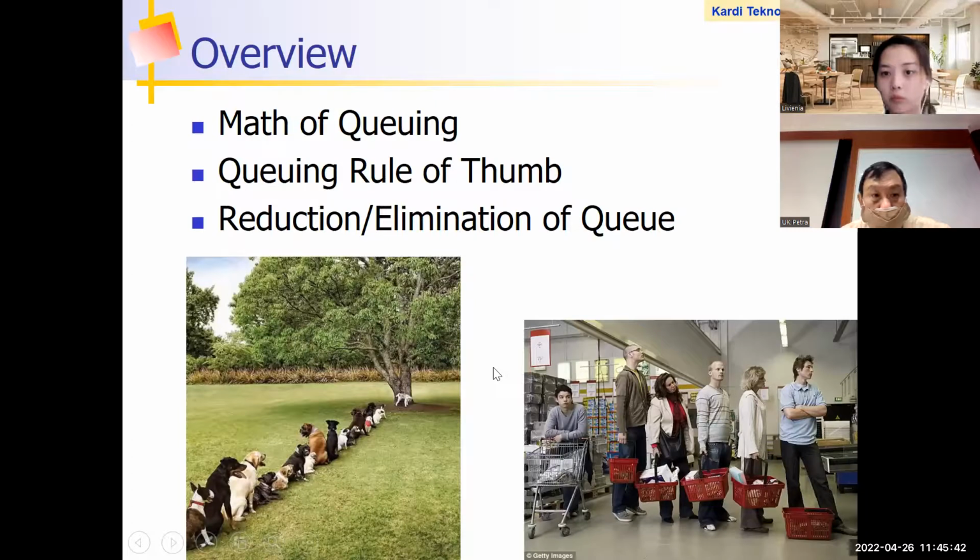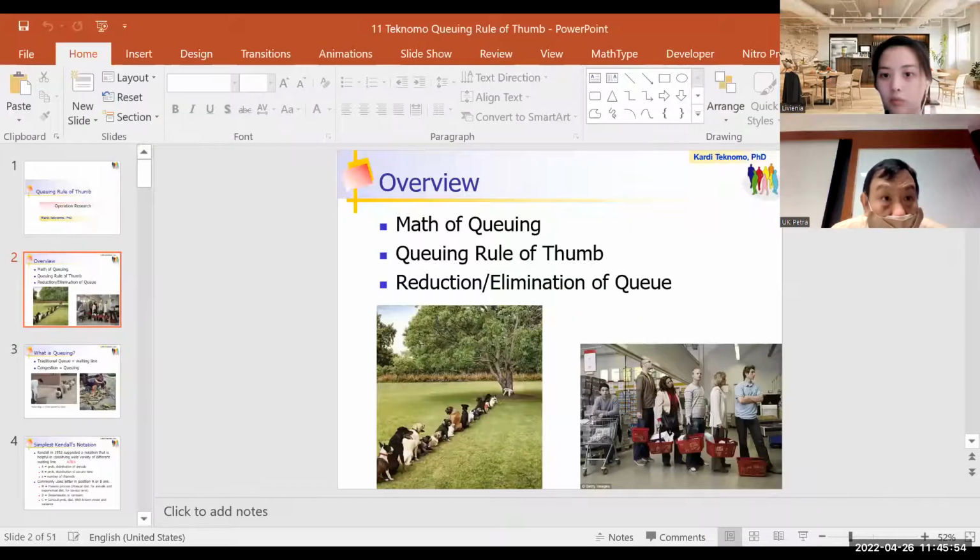So this is what we will discuss: how you eliminate or reduce the queue. Oh, really? I think you have that one. I will put it up so that you can use it. Is it different?